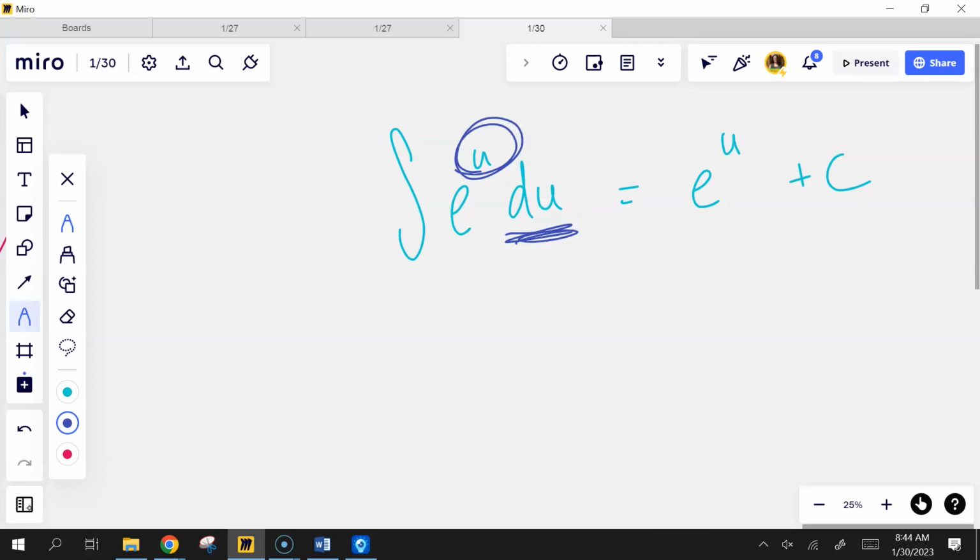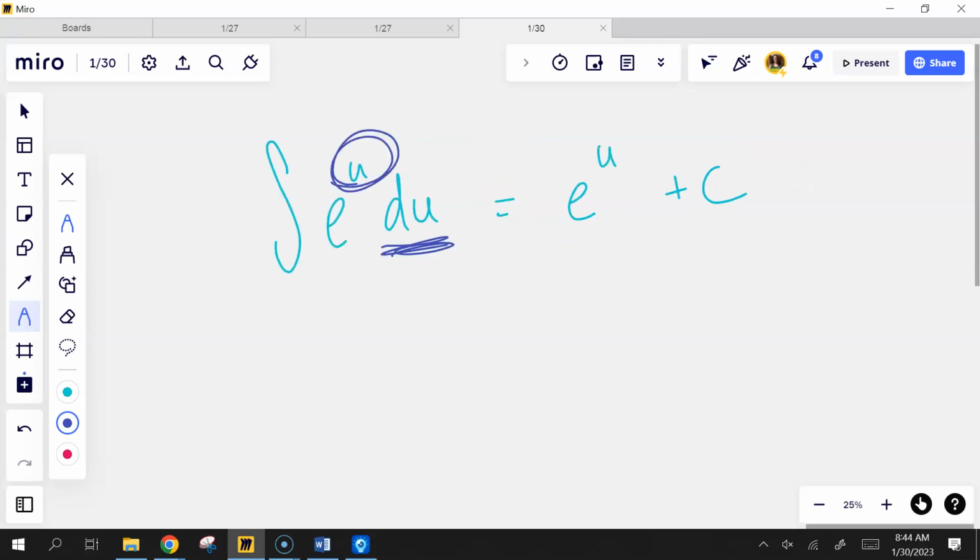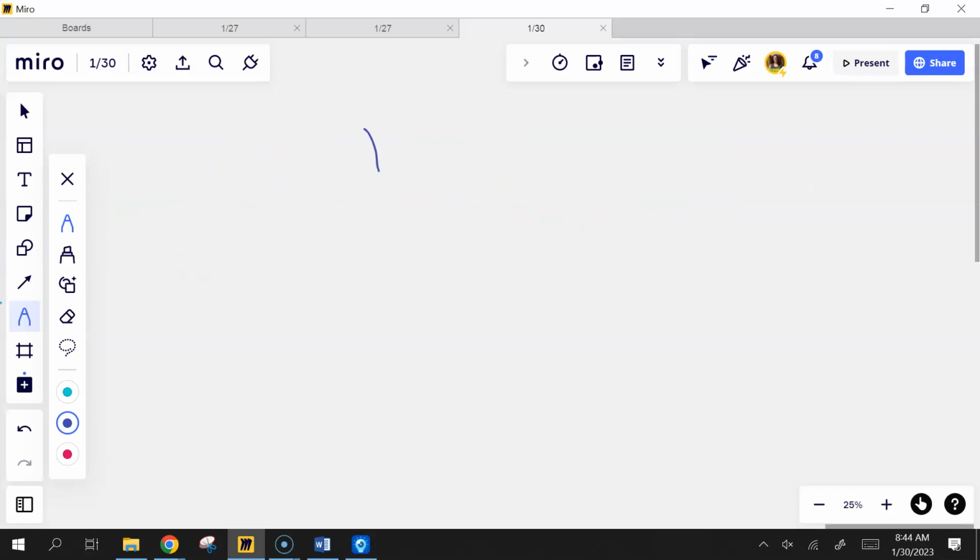Let me find a good one. For example, this looks rather scary. You agree? I can't split integrals up that are being multiplied, so what I do is I look for a function within the function whose derivative is also included in there.